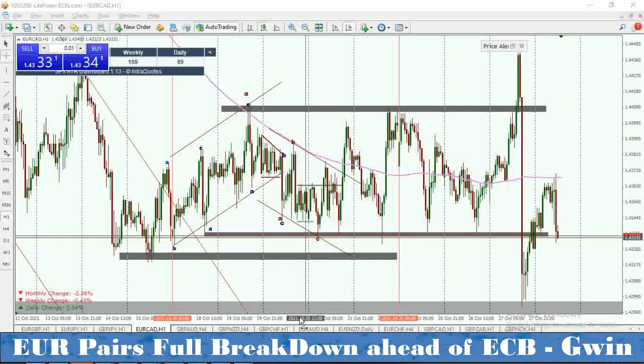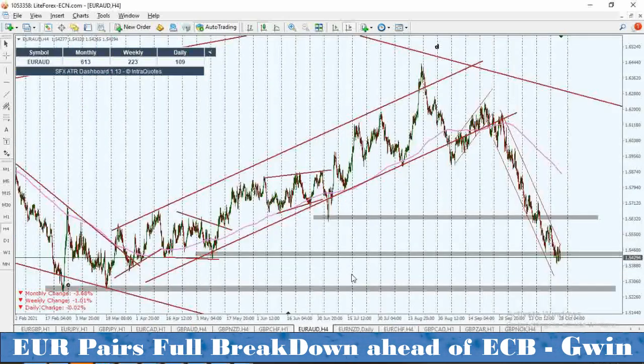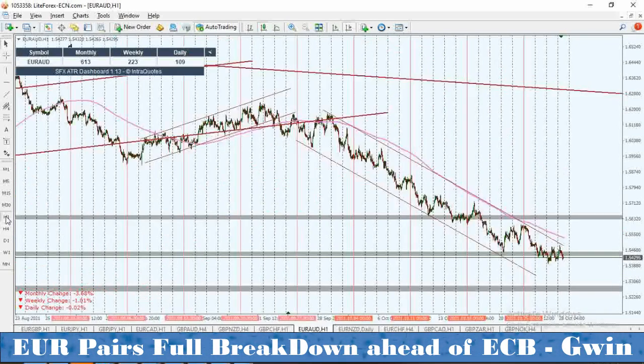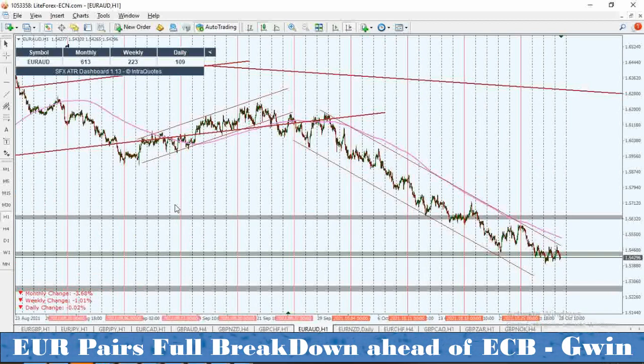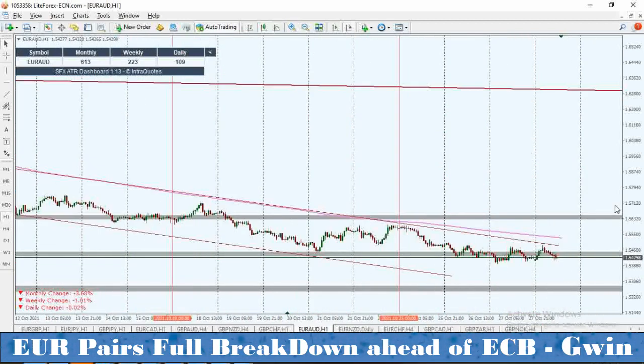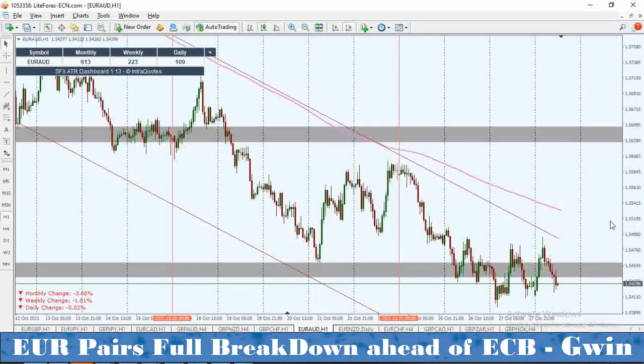Also looking at the Euro AUD, it looks this way. If we're looking at a hawkish statement coming in from the ECB today, at the moment price looks to be trading inside of what could be a small channel, such as that one, having made the lows yesterday and tested back that structure there.